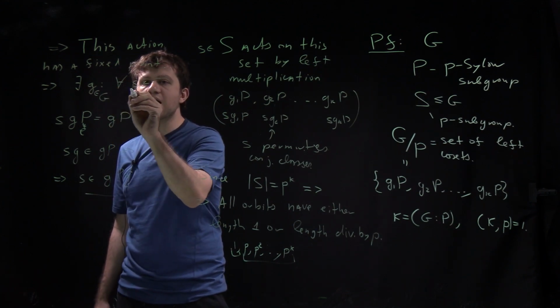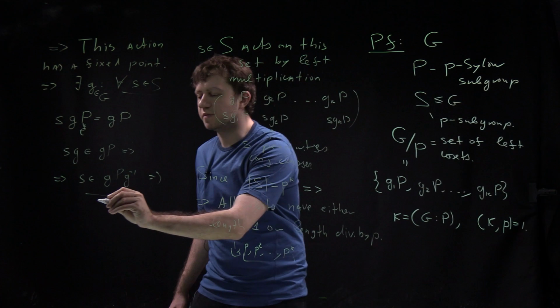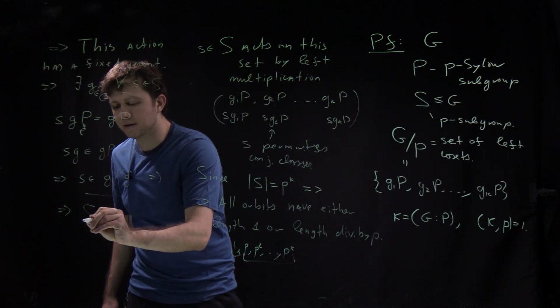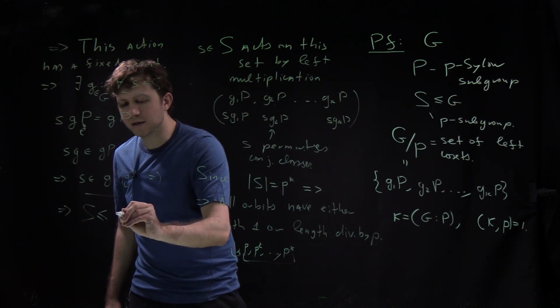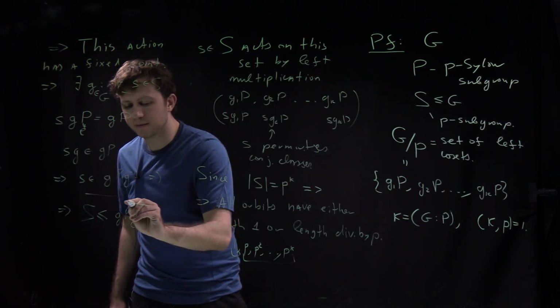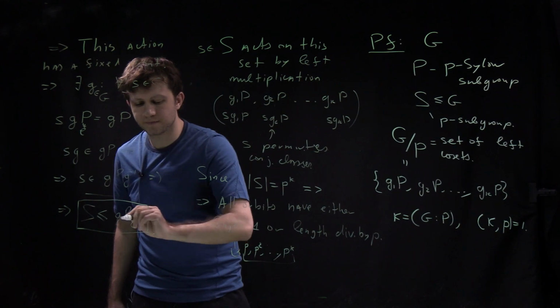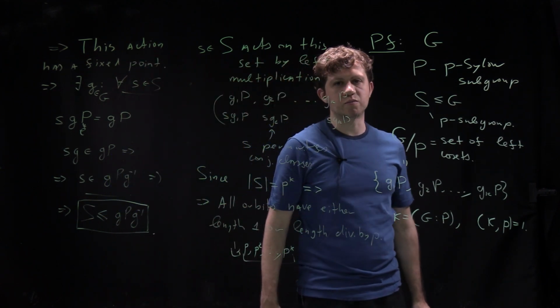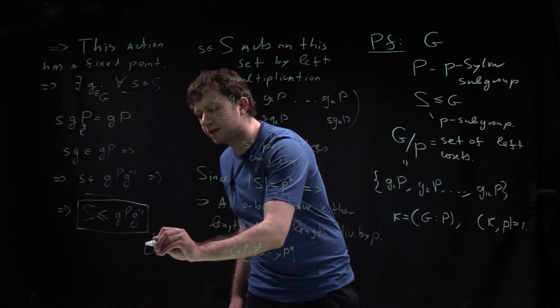But that's true for every element s, so it means that S is inside gPg inverse, and we are done. So in this way we prove the Sylow second theorem.